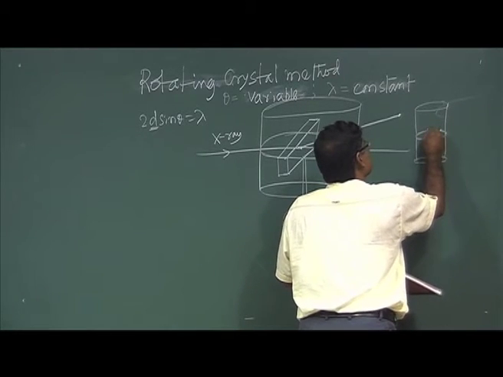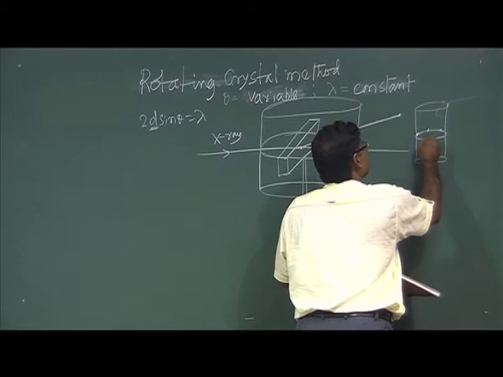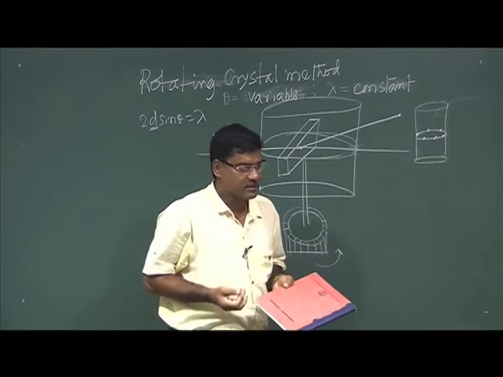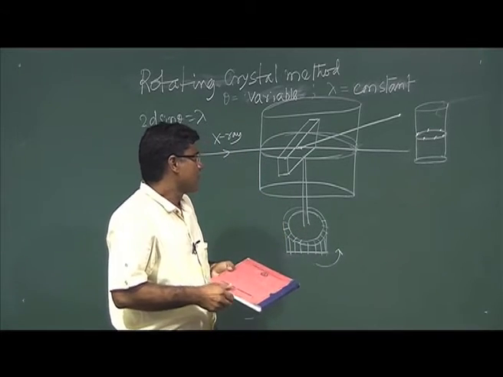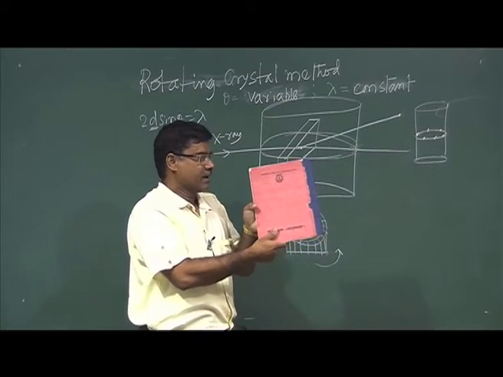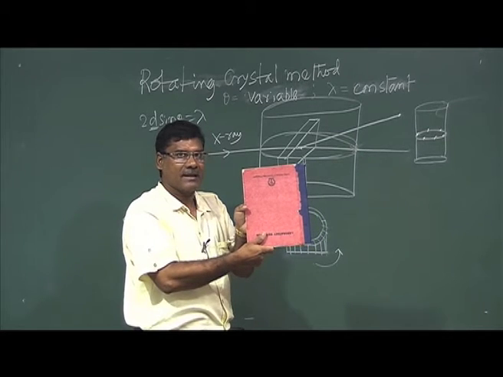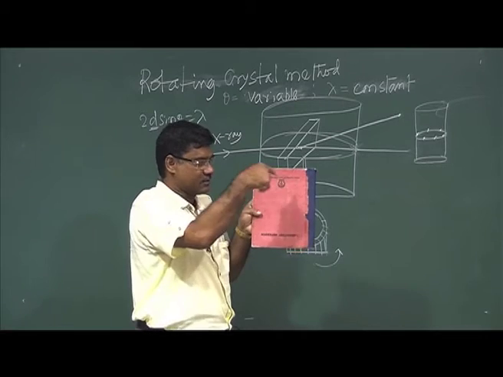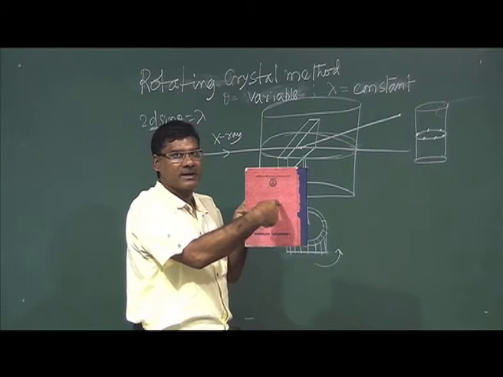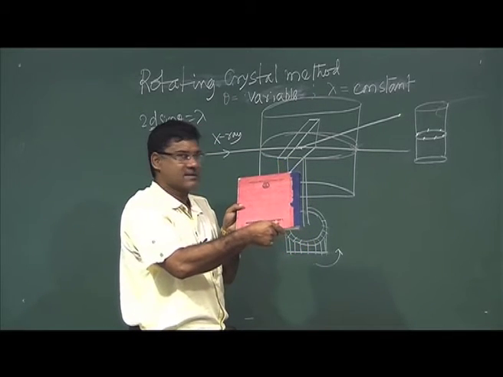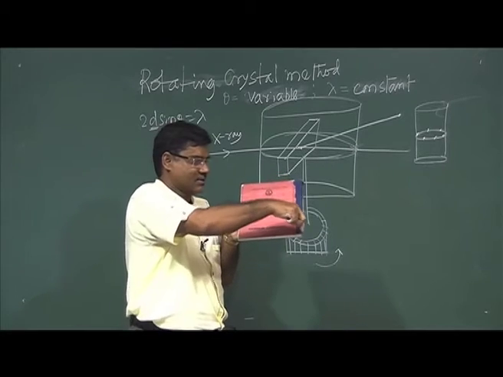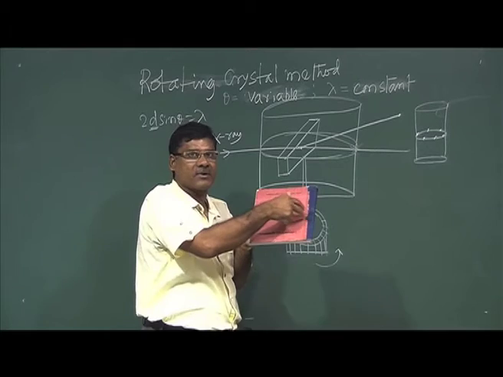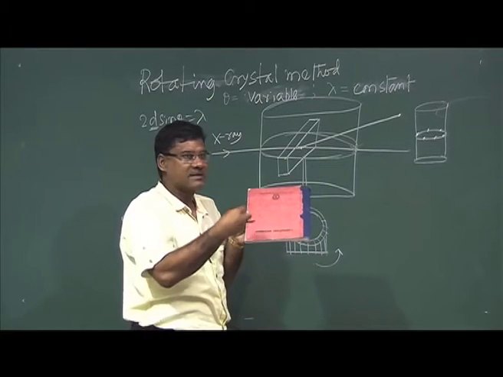So these are spots on this circle. So this will represent different planes of that zone. Okay. So if you take another axis, now this axis is, say, this, it is normal to the X-ray. Now, another axis if you consider this way, so this is another axis. So this will again be a zone axis for a different set of planes.